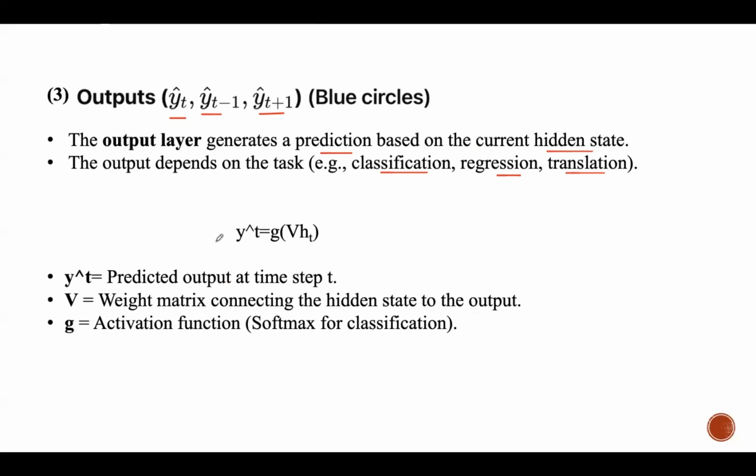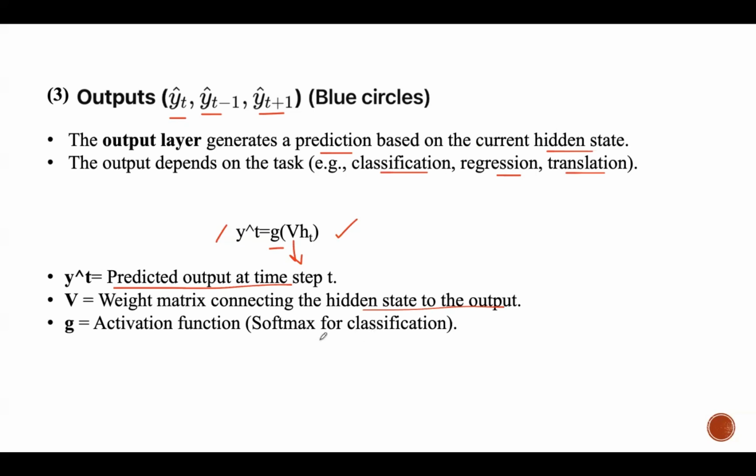And there is a notation here: yt hat equals g of V ht. In this, yt hat represents the predicted output at time step t, whereas V is the weight matrix connecting the hidden state to the output. Just now we saw that. And g is the activation function. Based on the type of task, the suitable activation function will be used.